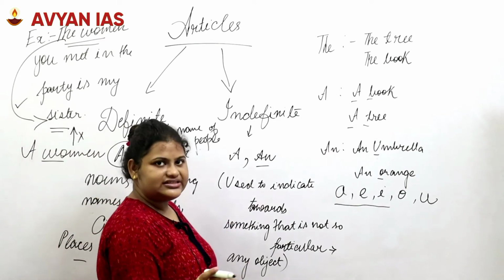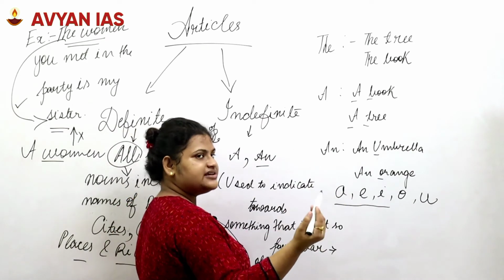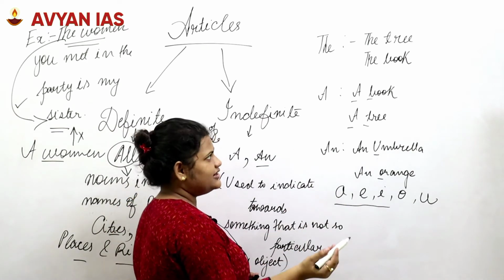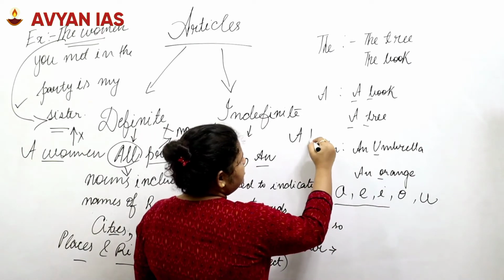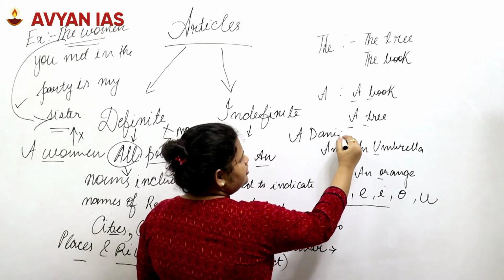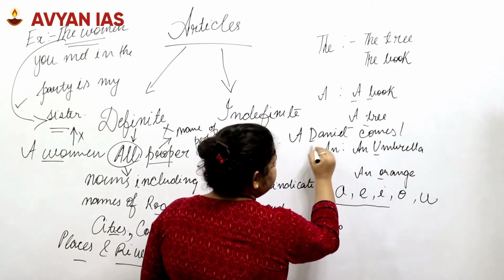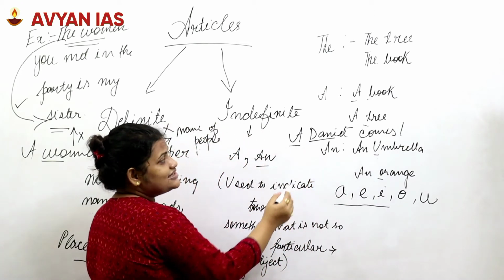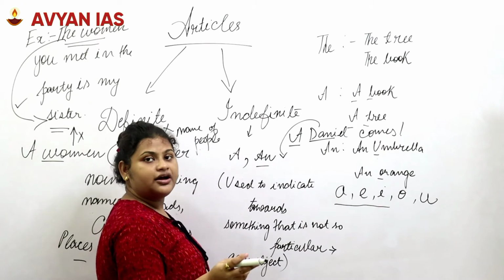But there are instances in one or two cases when we are trying to use them as a reference to someone not very particular, but as if it is in a proverb. For example, a Daniel comes. Here the reference to a Daniel means anybody. It's just like indicating towards Tom, Dick or Harry.